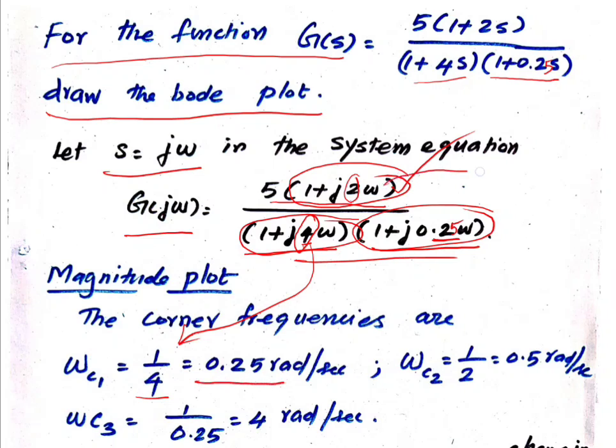The second corner frequency, the term in the numerator, is ωc2 = 1/2 = 0.5 radians per second. The third term is in the denominator, that is 1 + j0.25ω, which gives ωc3 = 1/0.25 = 4 radians per second. So these are the three corner frequencies we are going to consider for this plot.